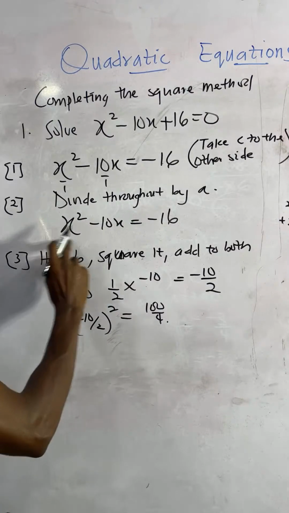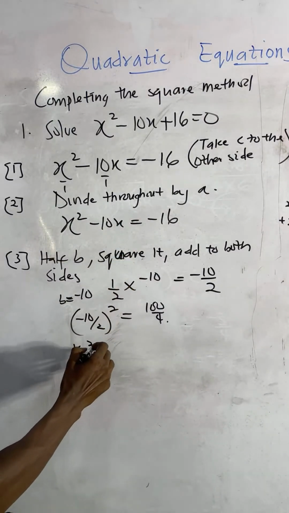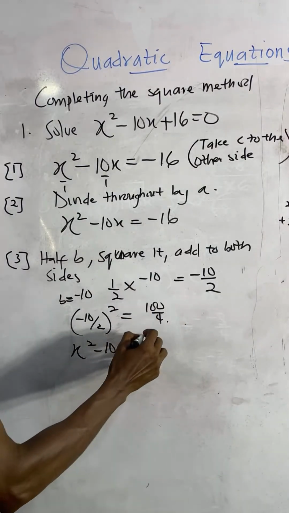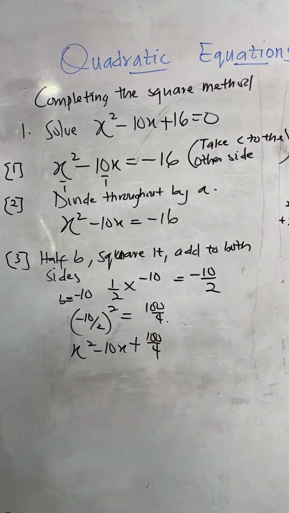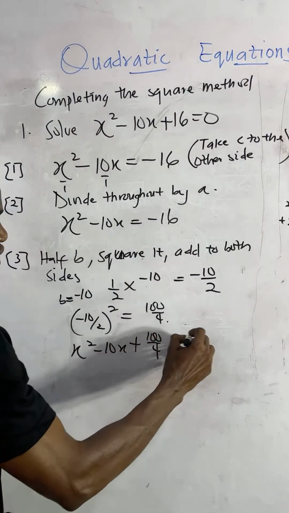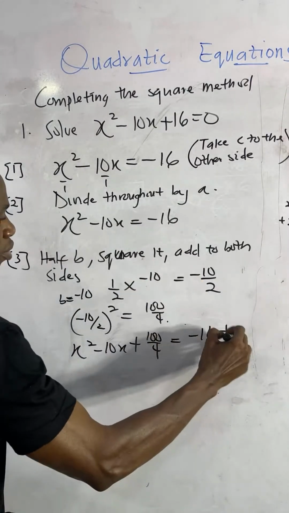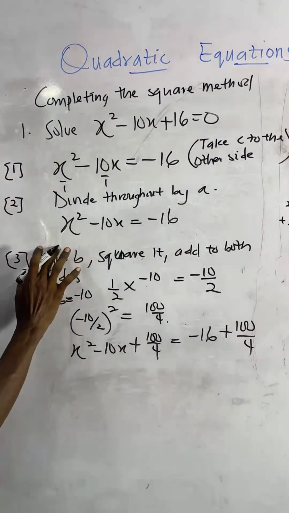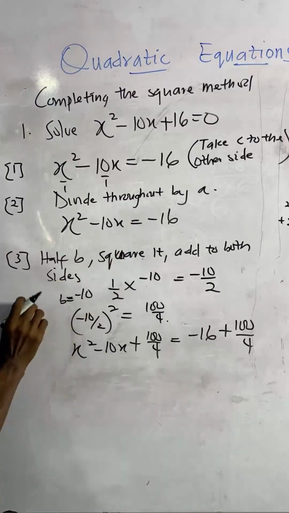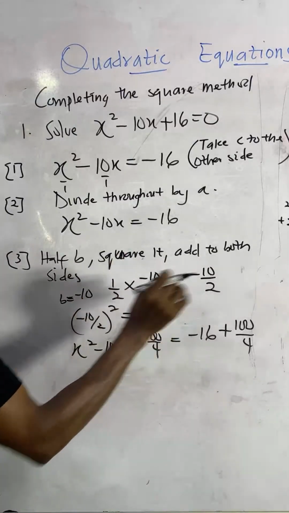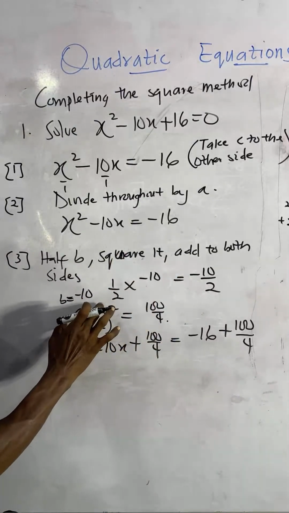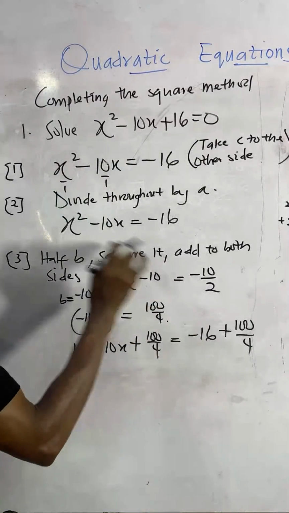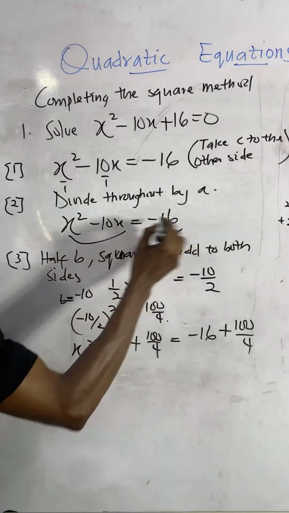So from here, we have x squared minus 10x plus this value, which is 100 over 4, equal to negative 16 plus 100 over 4. So this third step, we half it, we get this, square it, that answer we squared it and got this, and that answer now we added it to both sides.